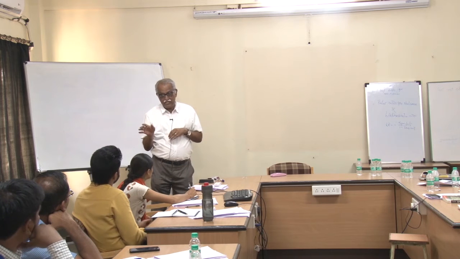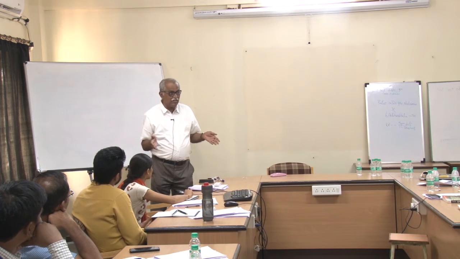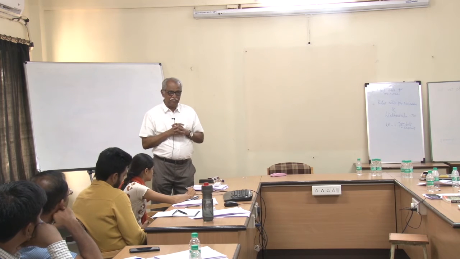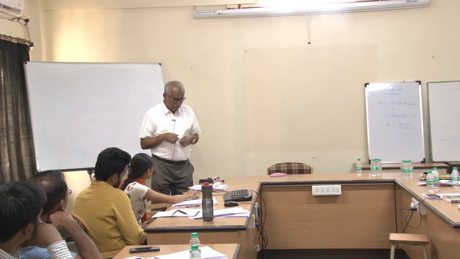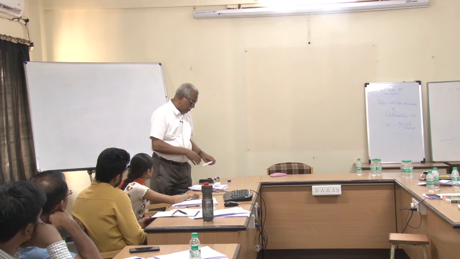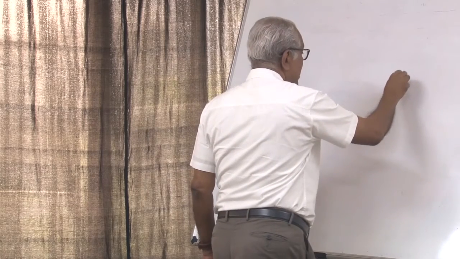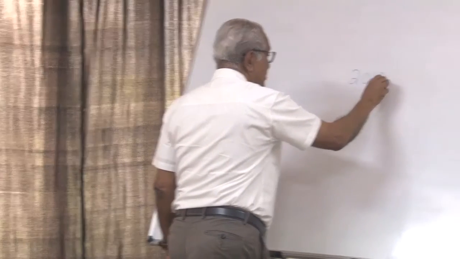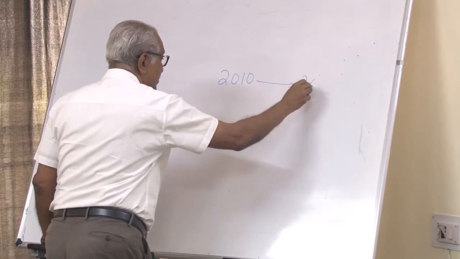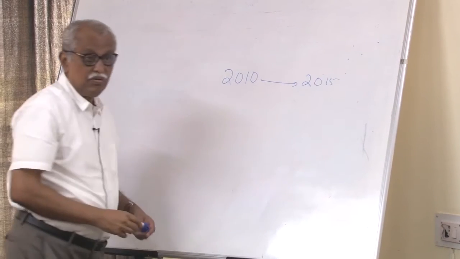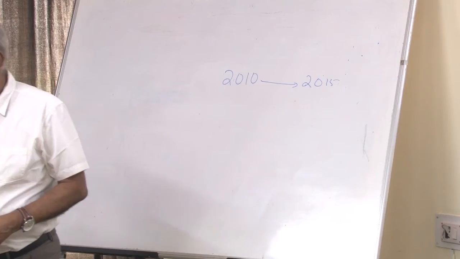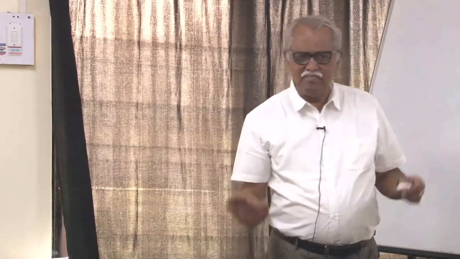So you'll have a normal delivery group to compare. Now what do I do? If I start the study in 2010, I cannot immediately get the result. I'll wait for 2015 when children go to school, and then I can use some kind of instrument to measure if there is any learning defect. But I'm a patient man, so I'll wait.